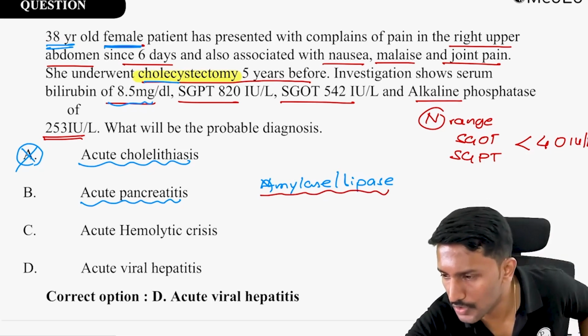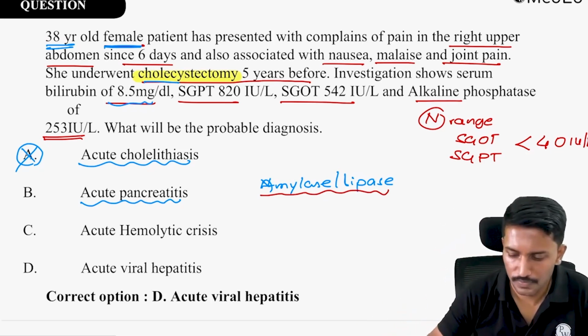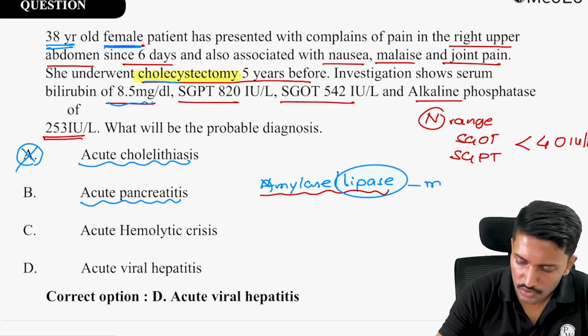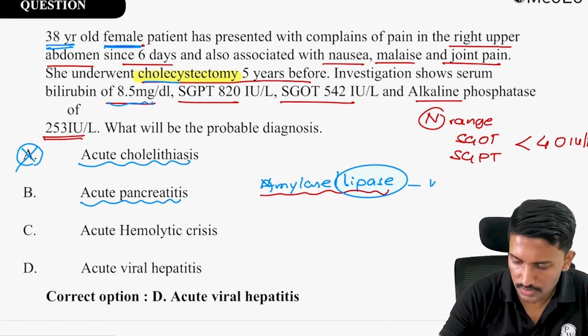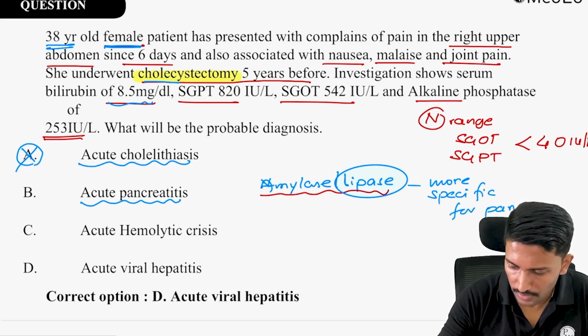Okay, can anybody tell me which one is more specific for the pancreatitis? Is it lipase or amylase? Remember guys, it is the lipase which is more specific for pancreatitis.